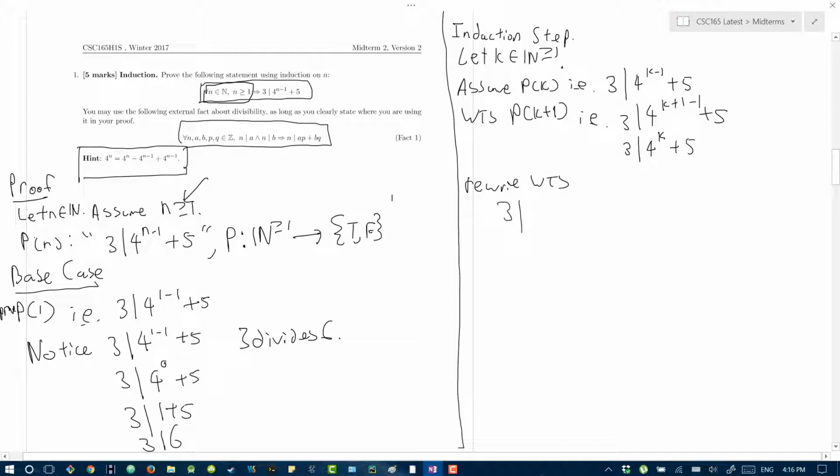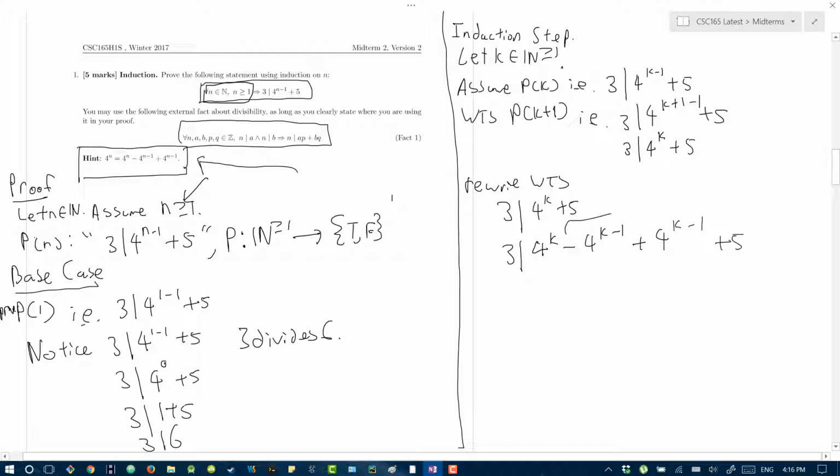So we have 4^k + 5, and then we take this hint over here. Whenever there's a hint like that, just write it out and see what you get. So 4^(k-1) + 4^(k-1), and then plus 5.